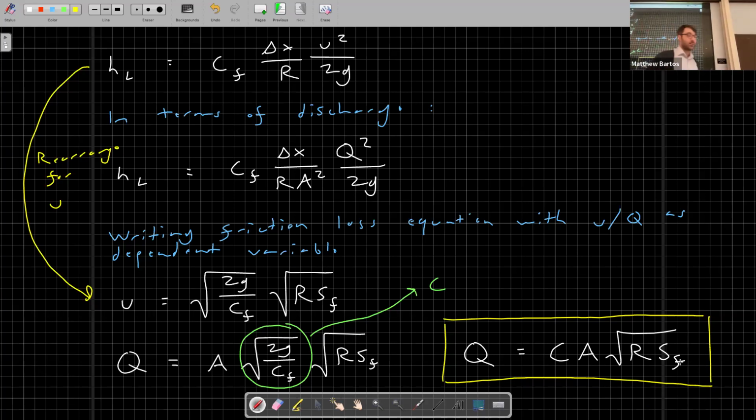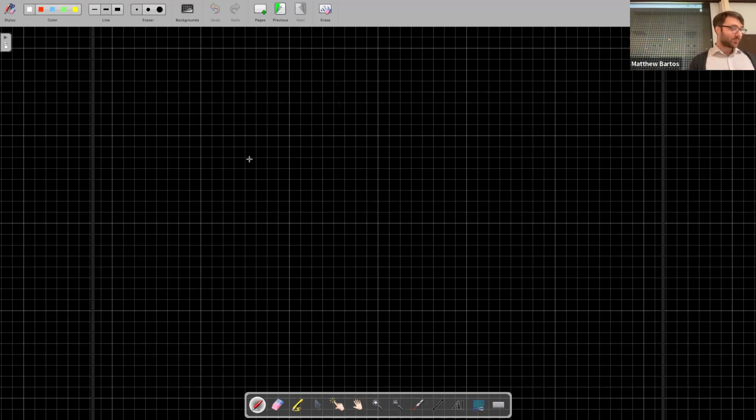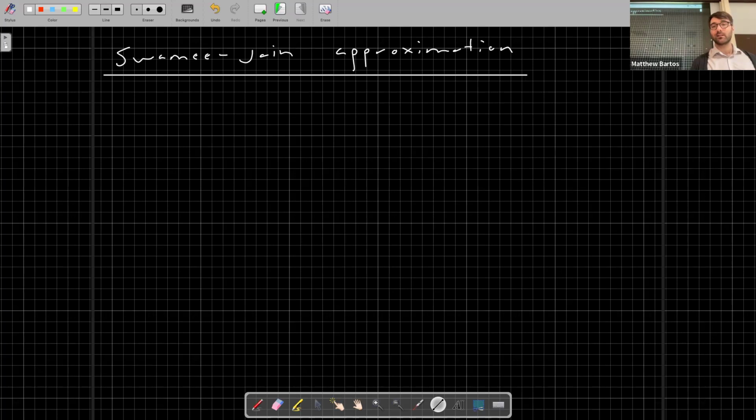Okay, so let's start with the most familiar case. We're going to look at the Swamee-Jain approximation. So this is an approximation to the Colebrook-White friction factor that's used along with the Darcy-Weisbach frictional loss model.